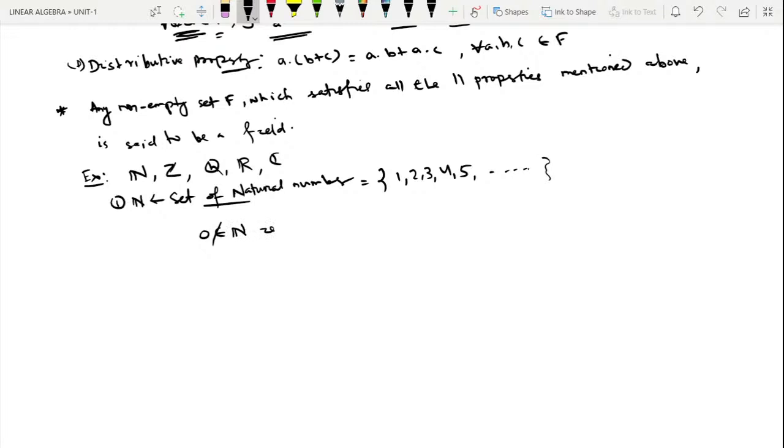That means the additive identity element 0 is not lying in N. So the property is not satisfied, thus N is not a field.